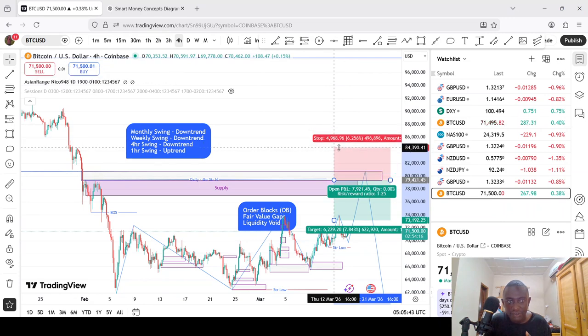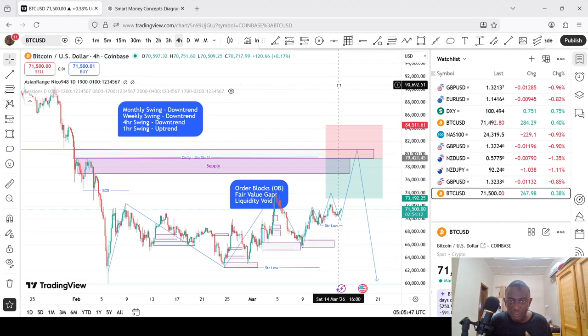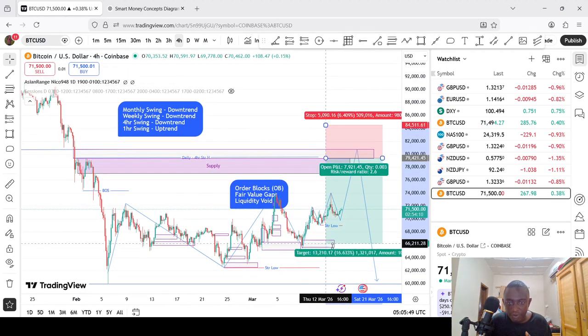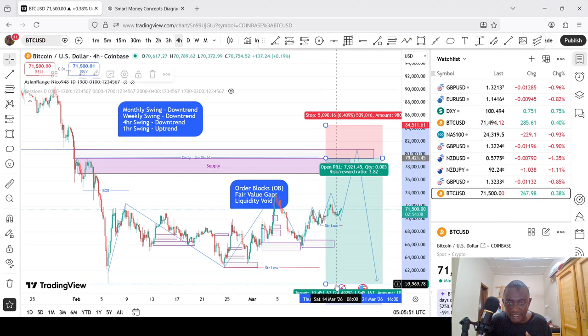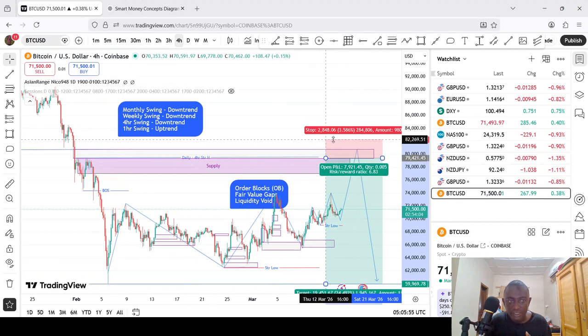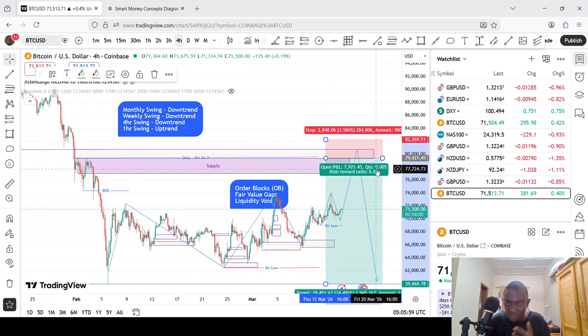This gives you a very big risk to reward ratio, from that area to this area, 3.82, and you can place your stop loss here, making just 6.83. So if you are losing just maybe $100, you are gaining 6.83 times the $100. That is the essence of it.